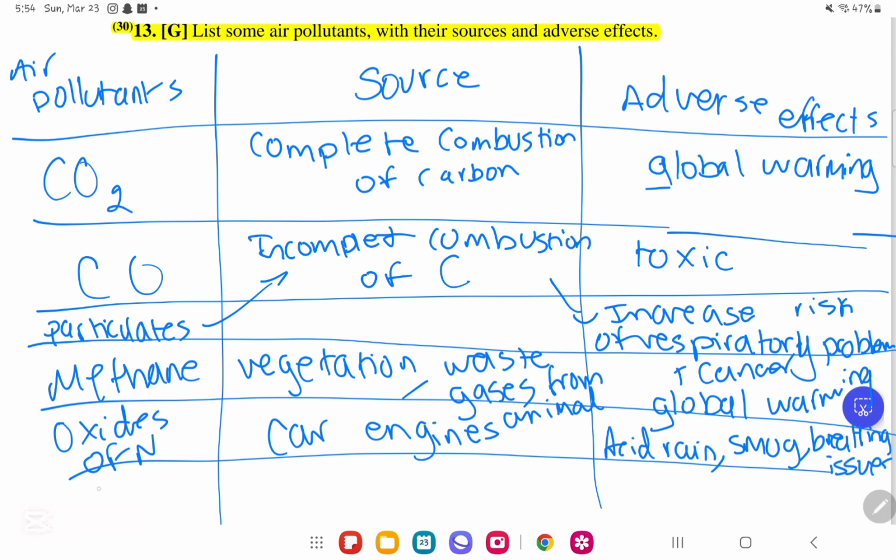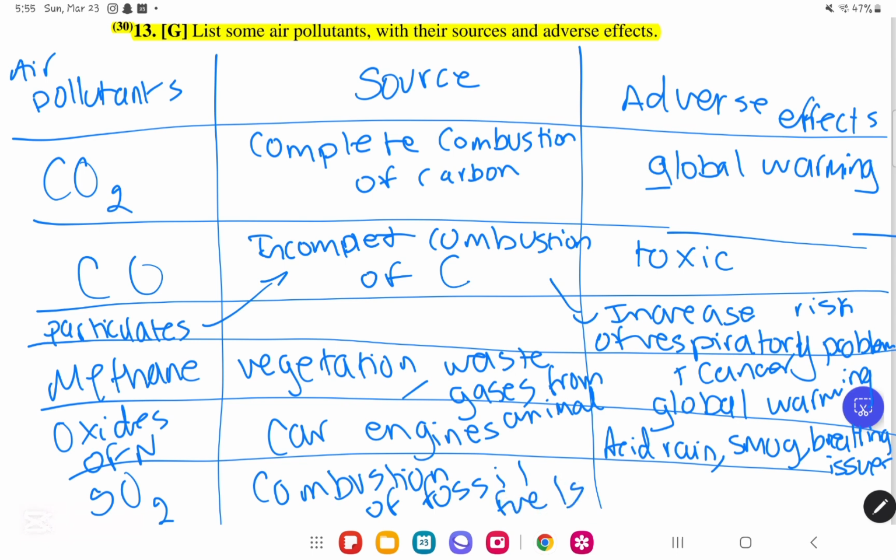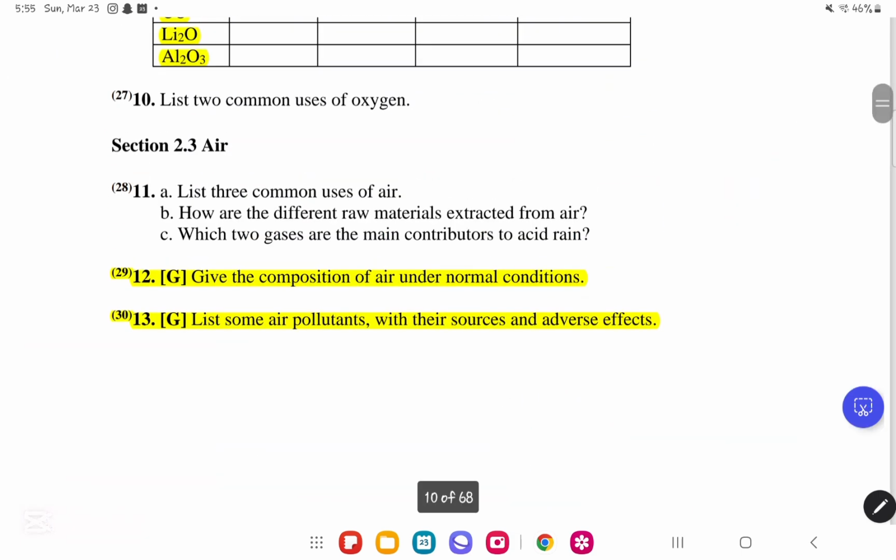Okay, and then finally we have sulfur dioxide, which is SO2. Combustion of fossil fuels is the source of the SO2. And what are its adverse effects? It's acid rain. So that's pretty much it for question number 13.